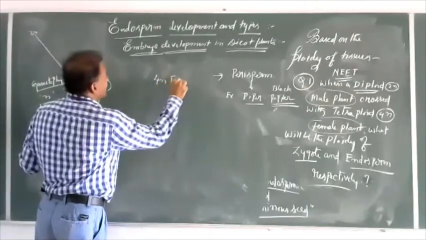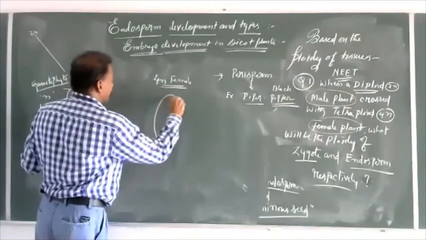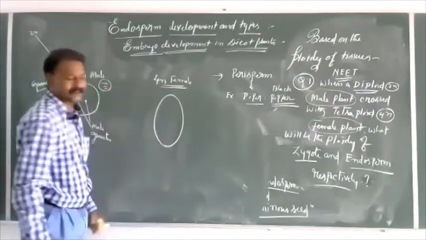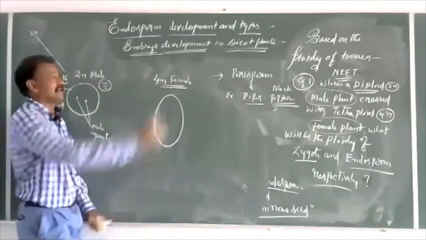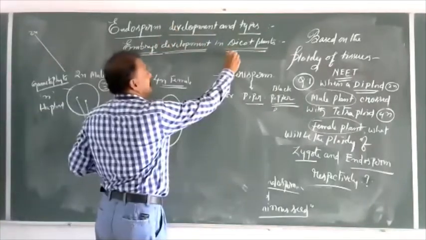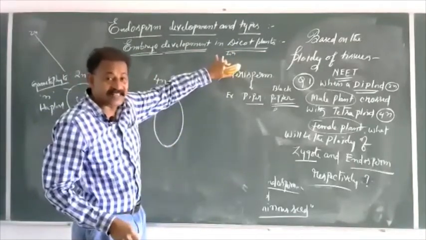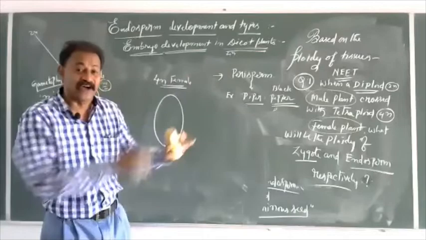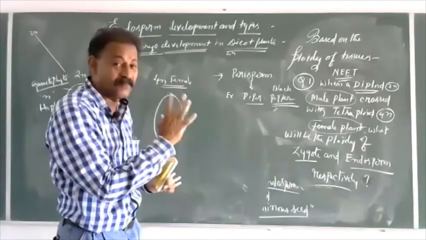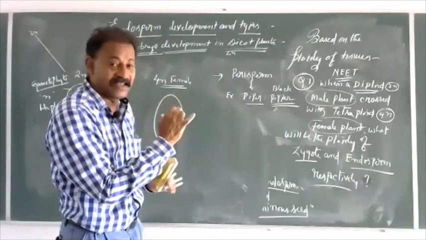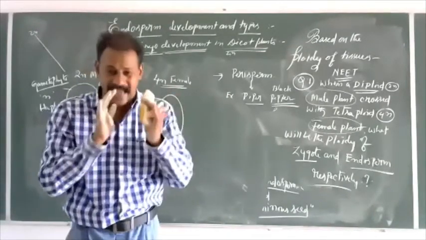Now, the tetraploid female plant. Let us draw the diagram of the embryo sac. The megaspore mother cell undergoes meiosis to form 4 haploid megaspores. Of these, 3 degenerate and only 1 becomes the functional megaspore, which is haploid.